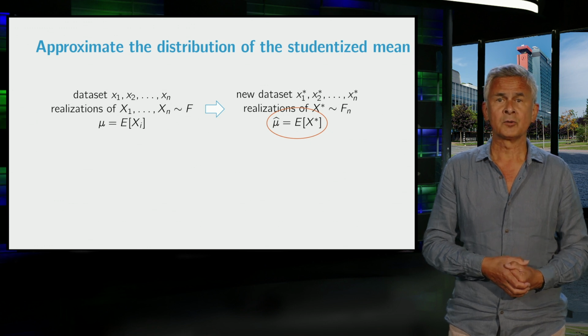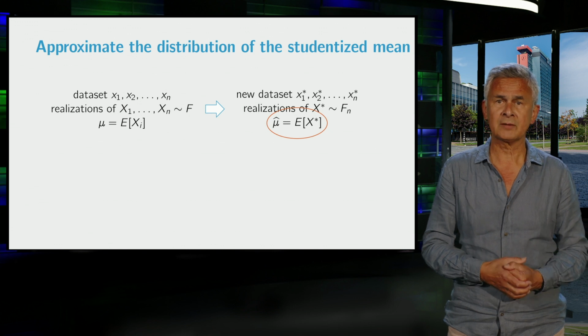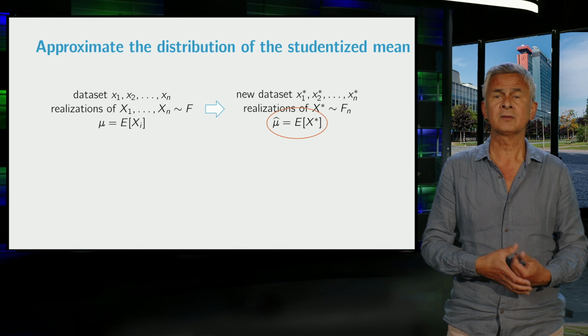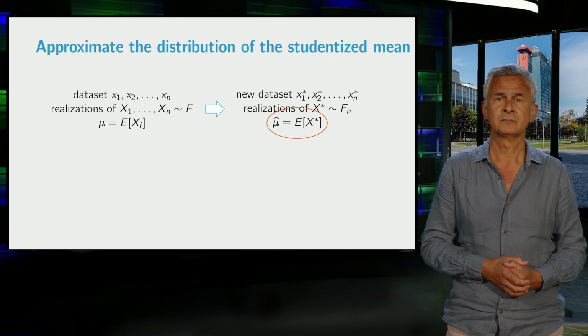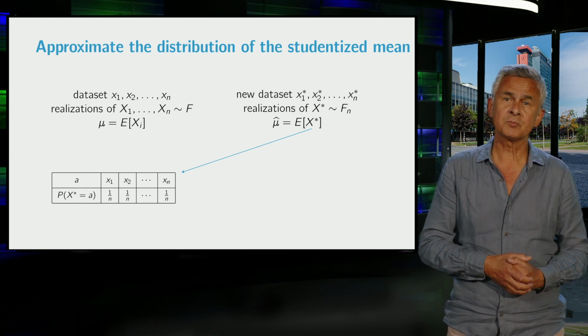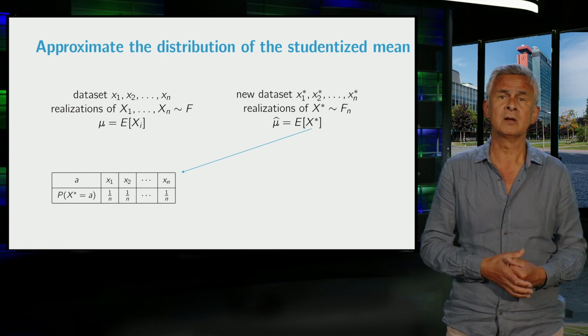Therefore, for the new realization of the studentized mean, the parameter mu hat should be the expectation of the discrete random variable that corresponds to the empirical distribution function. This is a random variable, X star, that has possible values, the Shoshone ratios with equal probability 1 over n.